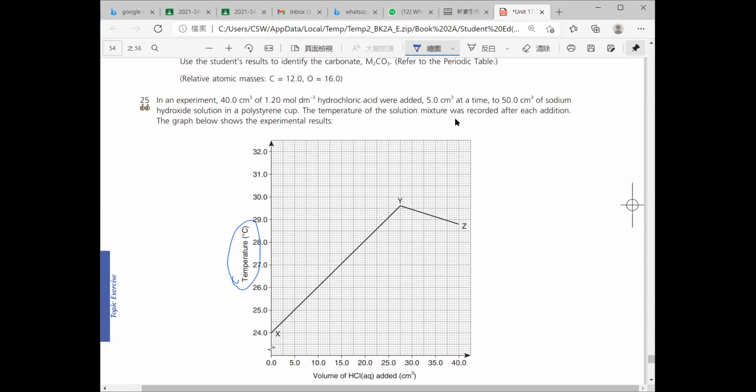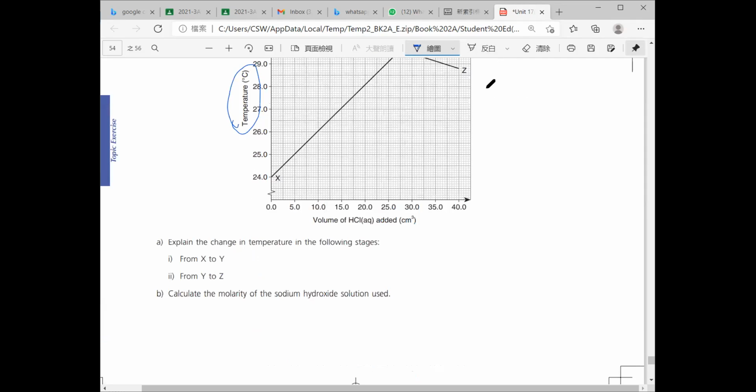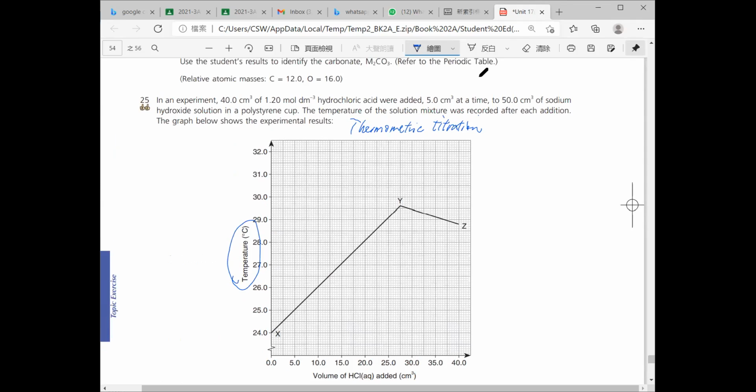It's not conductivity. It's temperature. We will call that thermometric titration. While the concept is rather similar, right? So you may have got that too. Explain the change in temperature in the following stages, from X to Y, from Y to Z. And secondly, you are going to ask for the molarity, right? This one. So how do you get the answer?